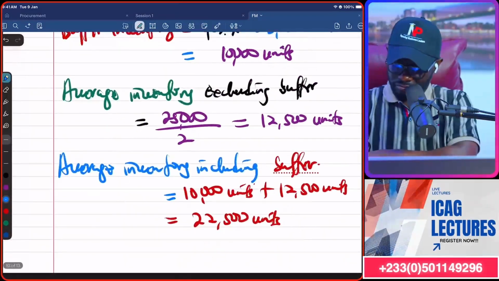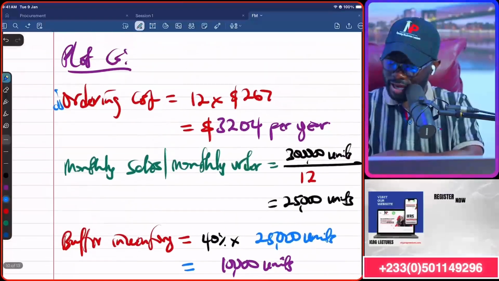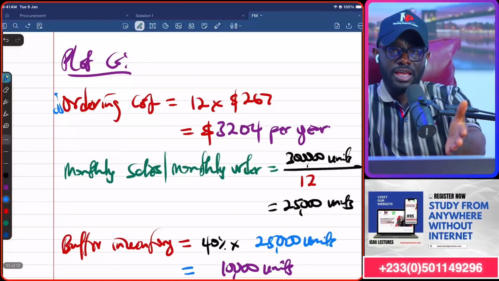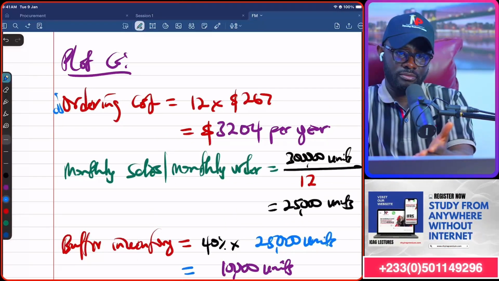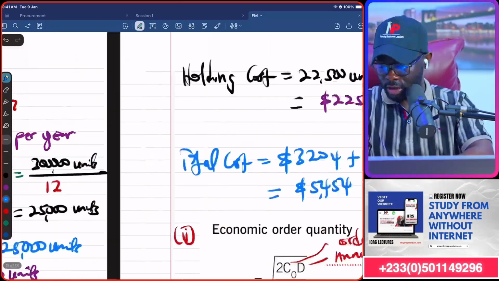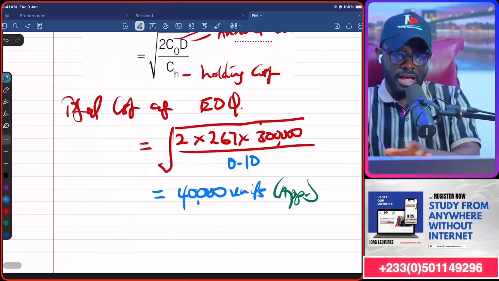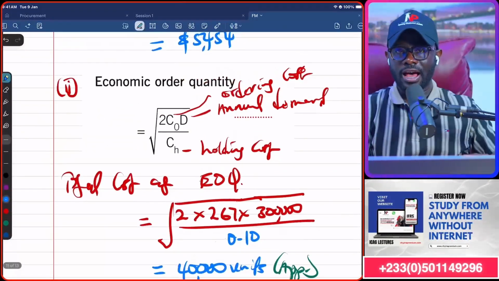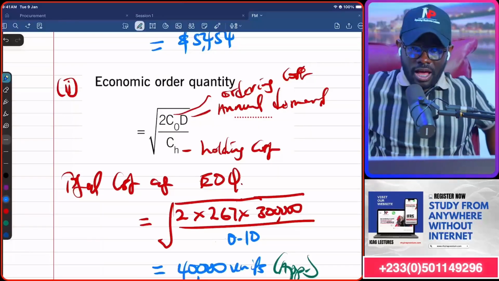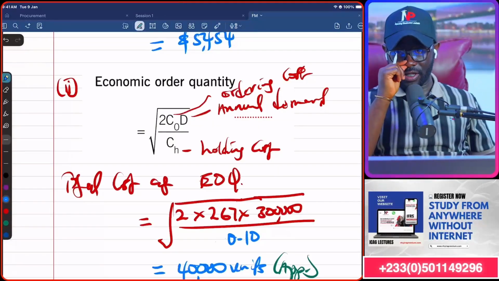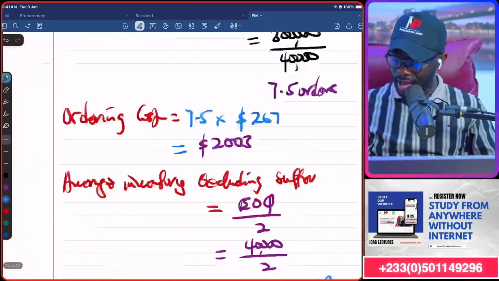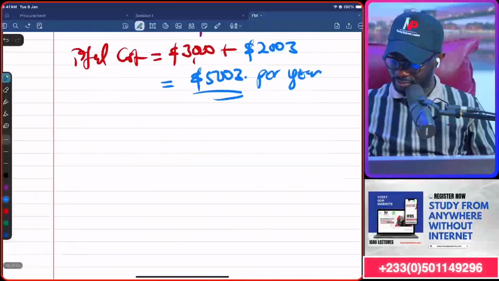So that your ordering cost in that case becomes 12 times in a year, so that it goes up. So it is cheaper in the context of this scenario to order 40,000 units each order based on the economic order quantity. But that is the II part of the question.